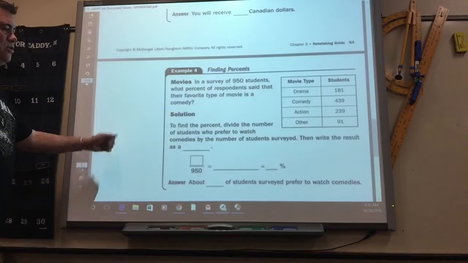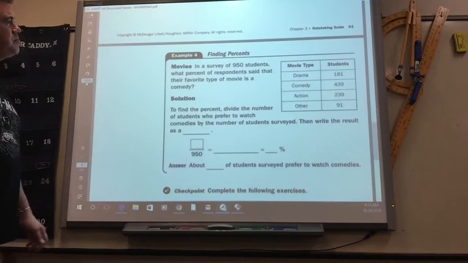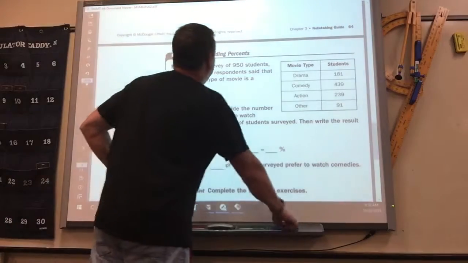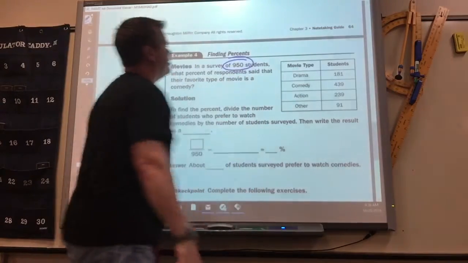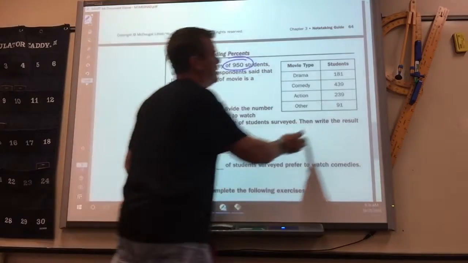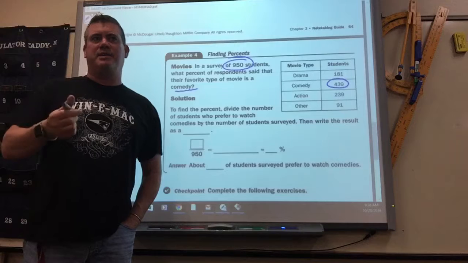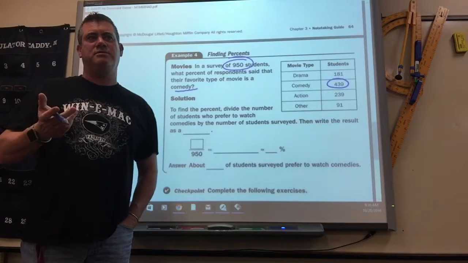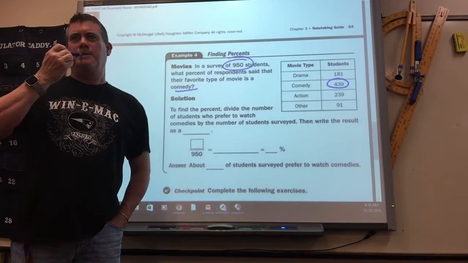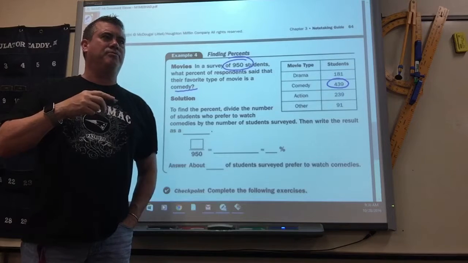The ones we're really going to do, though, are mostly the unit rate ones. So here we got a percentage. We better look at the percentage ones. In a survey of 950 students, what percent said their favorite type of movie is comedy? So this one should be easy because, like on your test, what do you do to figure out your test percentage? Add them all up? No. What are the numbers you divide anytime you find your percentage?